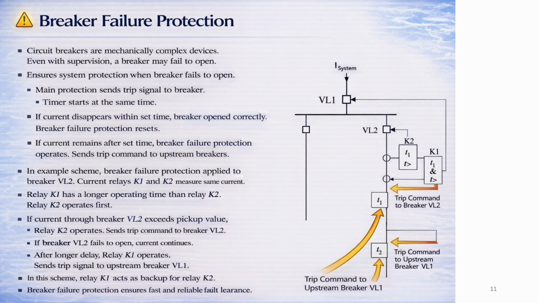If breaker VL2 fails to open, current continues to flow. After a longer delay, relay K1 operates. Relay K1 sends a trip signal to the upstream breaker VL1. This isolates the faulted section. In this scheme, relay K1 acts as a backup for relay K2. Breaker failure protection ensures fast and reliable fault clearance when the breaker does not operate.